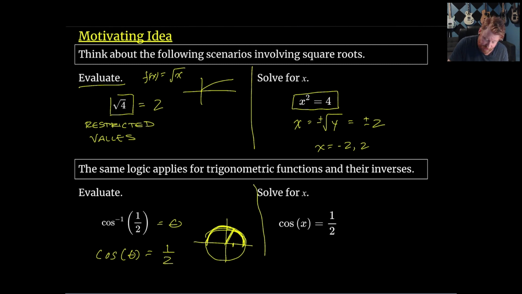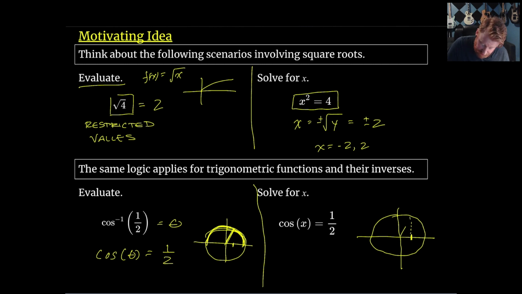But if I'm asked to instead solve for x, and this is what we're going to start looking at, cosine x equals 1/2, we might think about using inverse trig functions, but the truth is that we are not looking at restrictions anymore. If I think about drawing this unit circle over here, and I'm thinking about the cosine being 1/2, well, now I'm not restricting myself to just the top half of the unit circle.